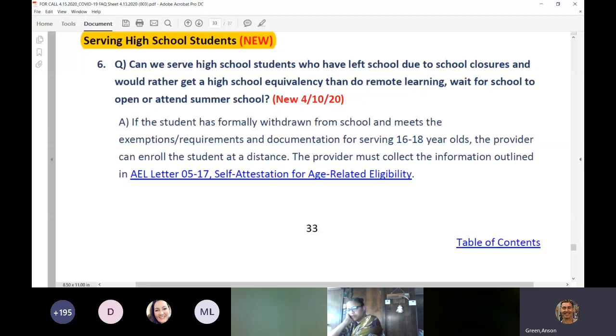If you could box up a bunch of TABE tests and Best Plus or Best Literacy tests and take them down the road to somebody who's open and start scheduling students over there, that could really relieve a backlog of testing as we get into this messier phase of going back into brick and mortar services, because I don't think it's going to be smooth or the same for every institution.